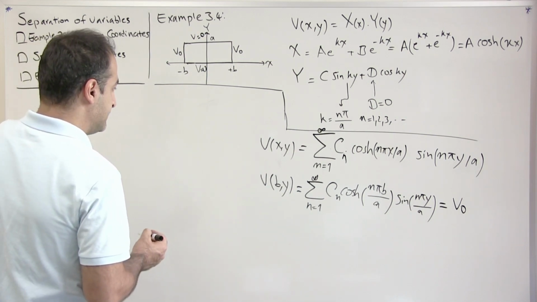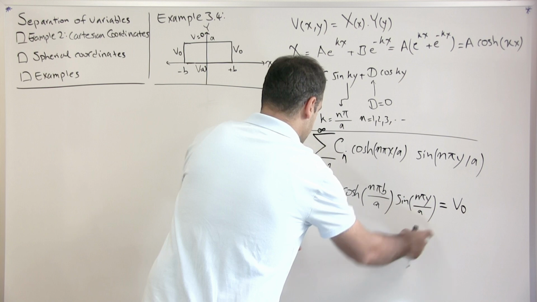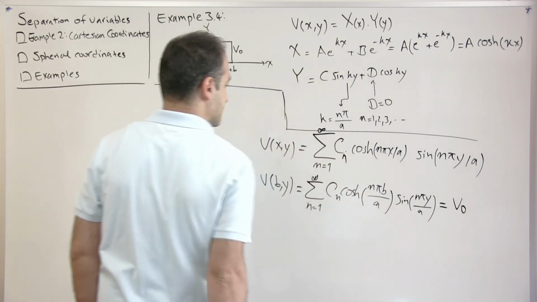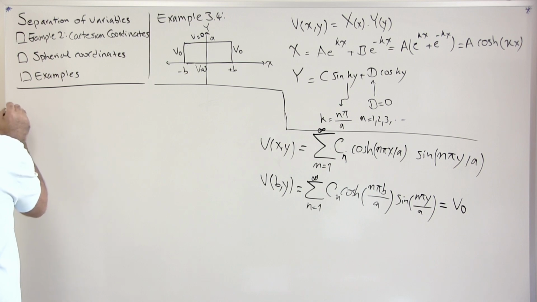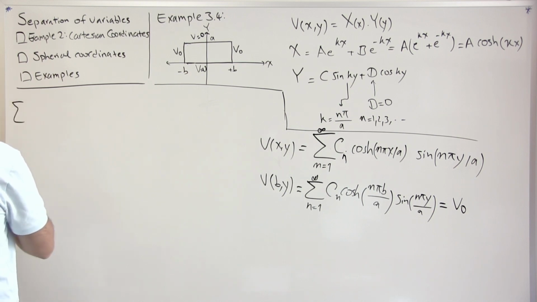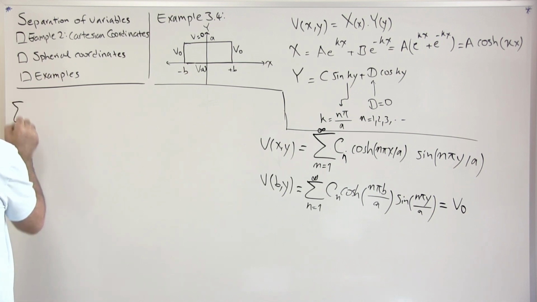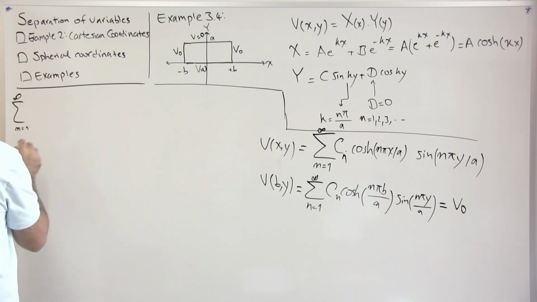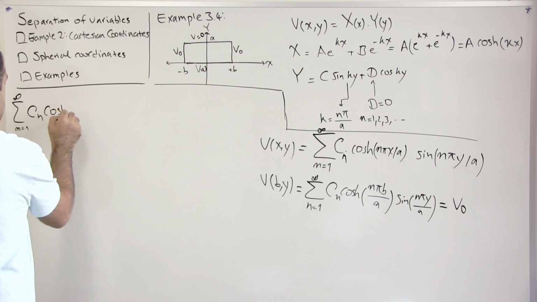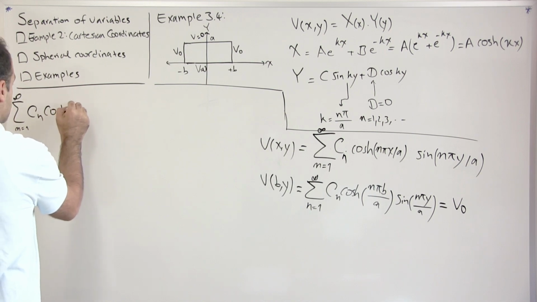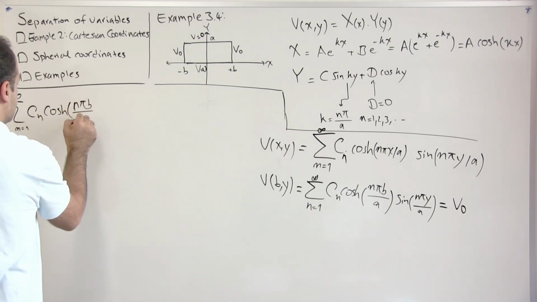Here, I'm going to rewrite this side and multiply by sine n prime pi y. So we get the sigma here, n equals 1 all the way to infinity, Cn cosh n pi b over a.